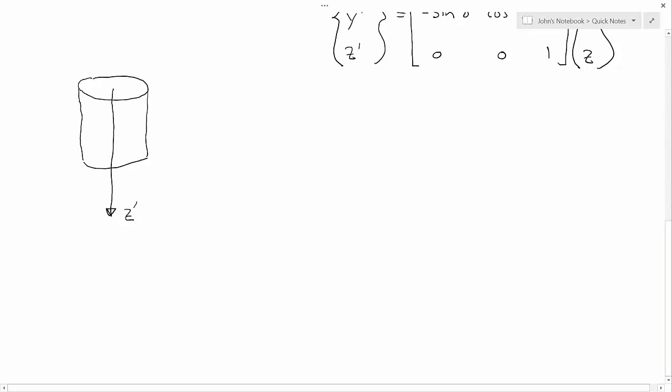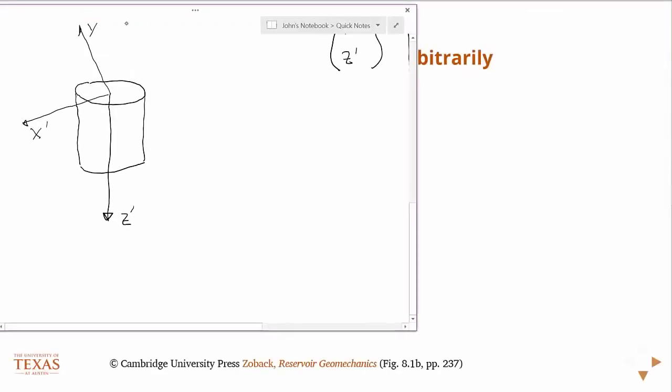All right. And I'm going to draw a Y prime like this, and X prime like this. So X prime, Y prime.